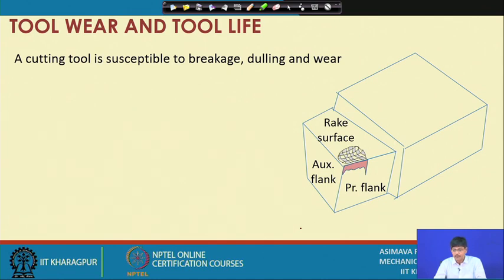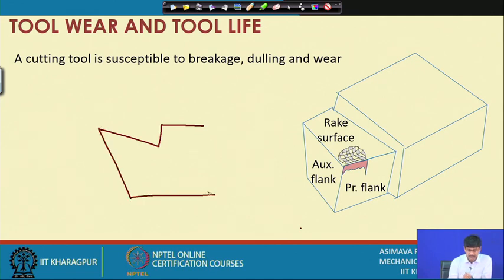When the chip is traveling over the rake surface, it tries to maintain its round motion along a circle sort of. Okay, let me draw this on this side. If this be the tool, initially it is a sharp tool and the chip is coming and moving.